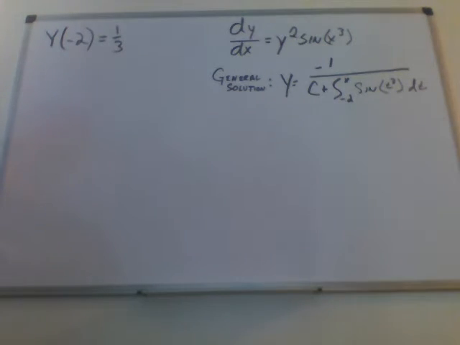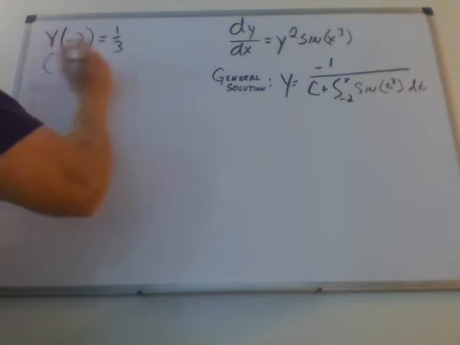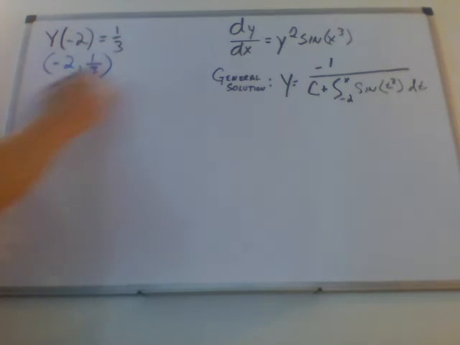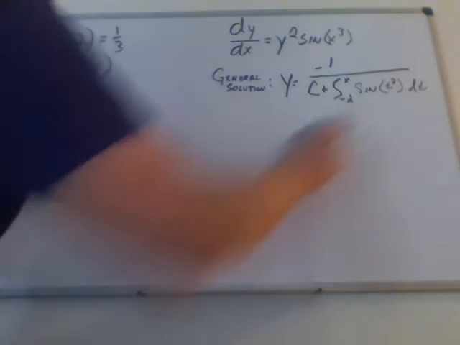However, the question is asking us to find the solution with y of negative 2 equals 1/3. Whenever you see this, always remember this is the coordinates of negative 2 and 1/3. It always helps me to remember how to set it up. We need to plug these into the general solution.